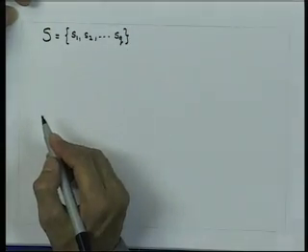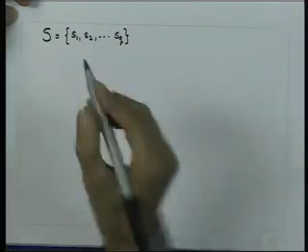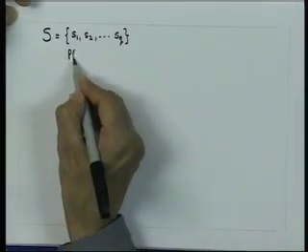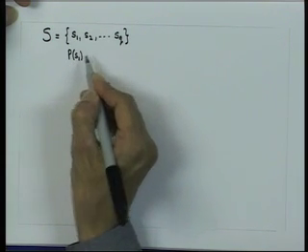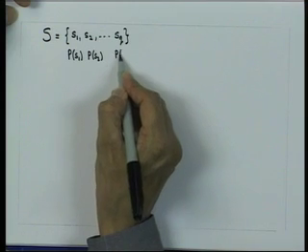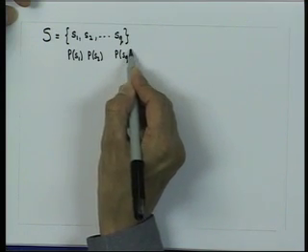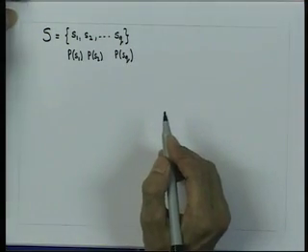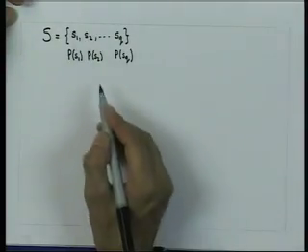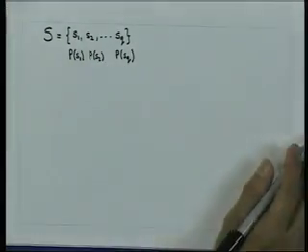This is an mth order Markov process, and with each of these symbols I have associated unconditional probabilities. These are unconditional probabilities of the symbol, or I can say the first order symbol probabilities.